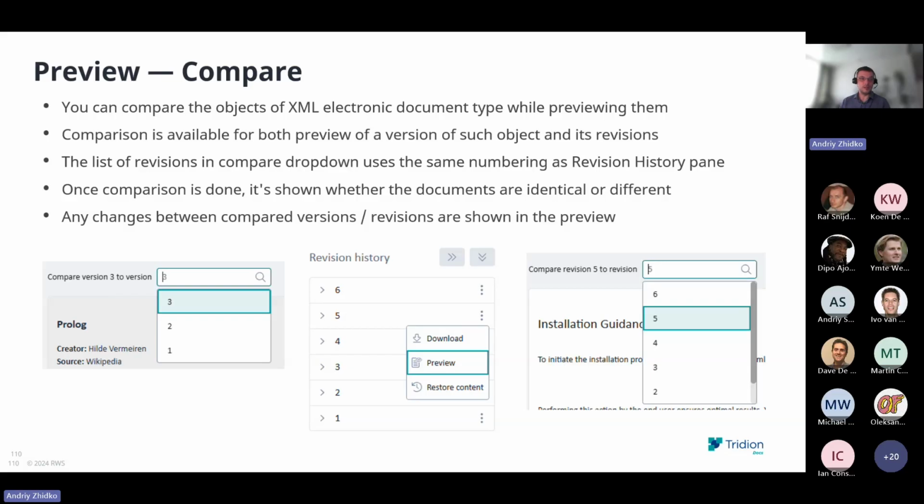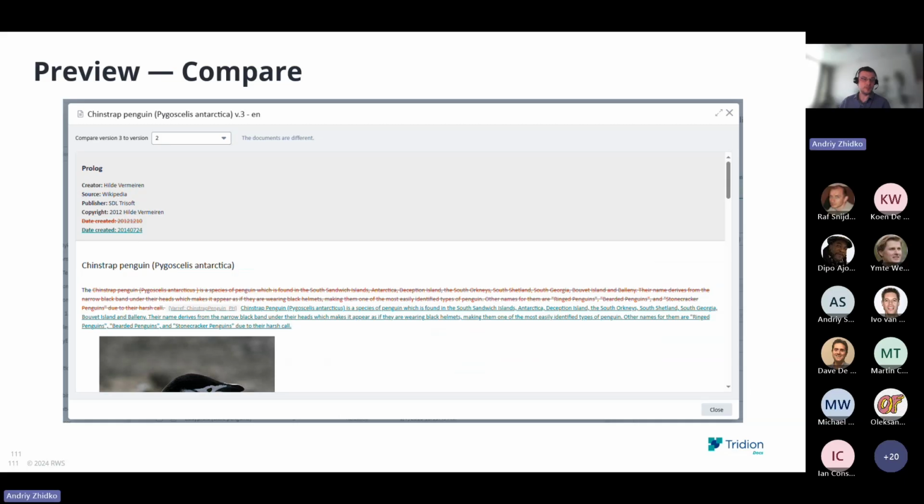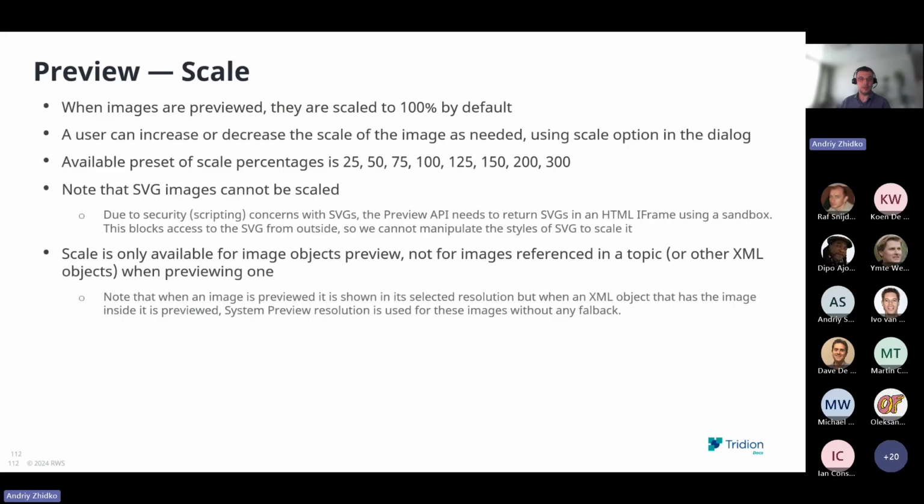Once the comparison is done, it is shown whether the documents are identical or different, and any changes between the compared versions or revisions will be shown in the preview. This is just an example of how it will be displayed. We'll cover it during the demo part.